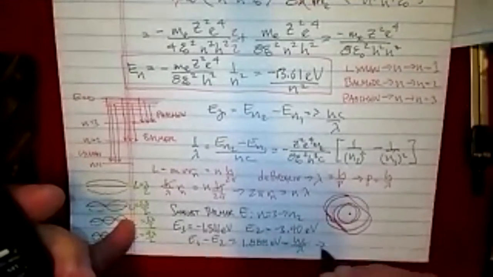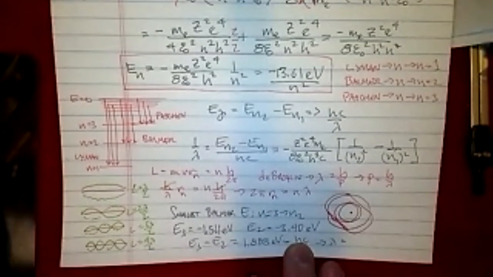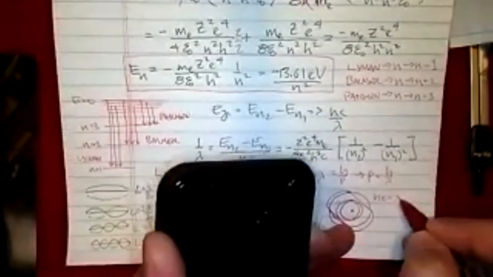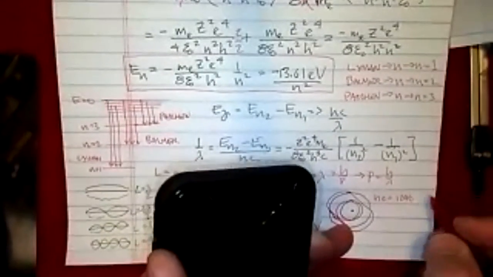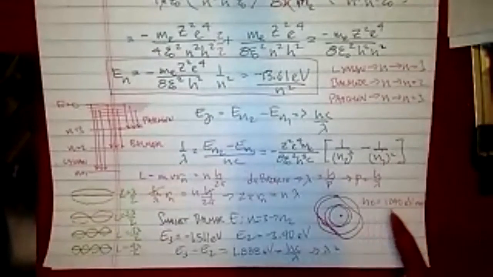If I set that equal to hc over lambda, then I should be able to find lambda. It happens to turn out that there are some really nice constants in this world that make things a lot easier. For instance, hc is equal to 1,240 eV times nanometers. So if I use that, then lambda will come over here.